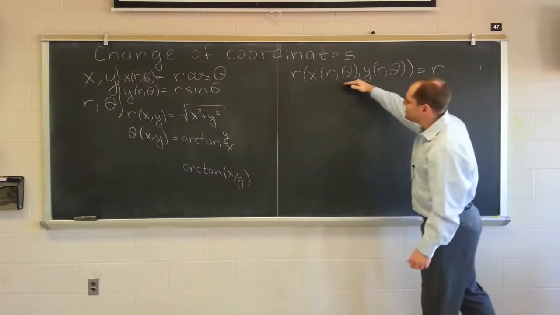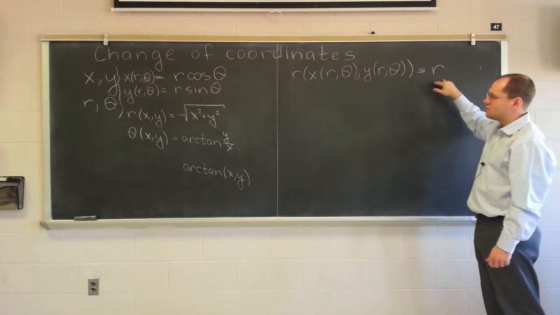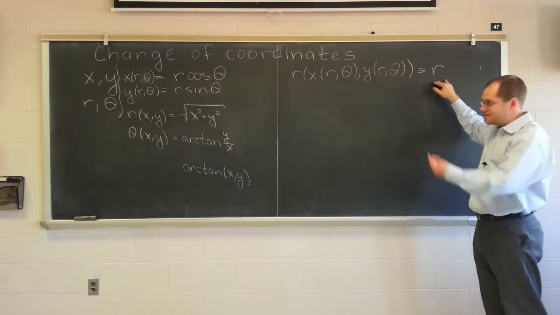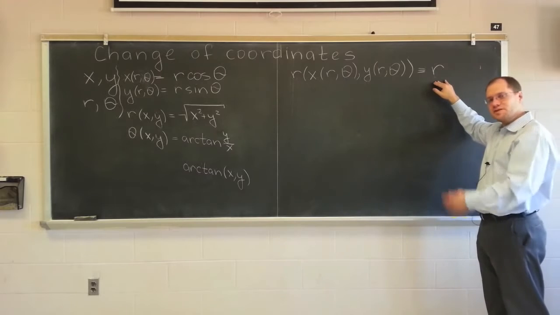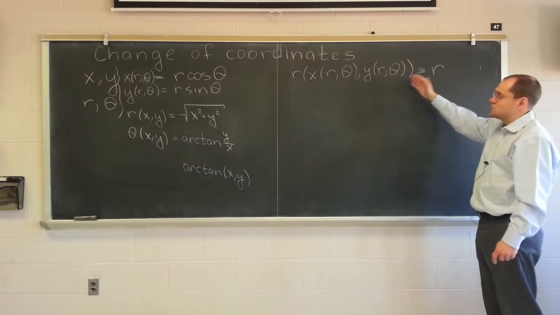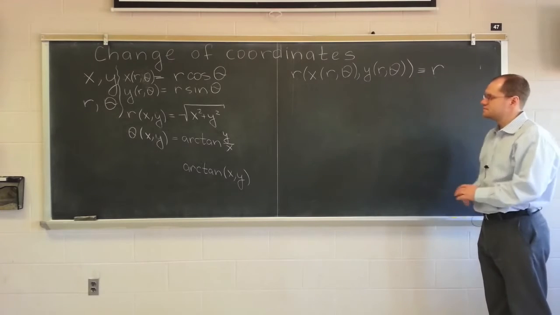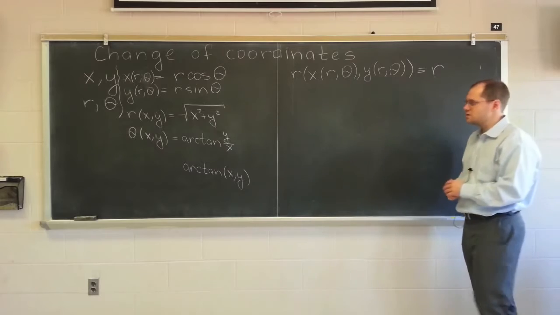So this is an identity in r and theta. This is true for all r and theta, as we saw by just plugging it in. So these expressions can be, for instance, differentiated with respect to r, this identity, as we'll do shortly.